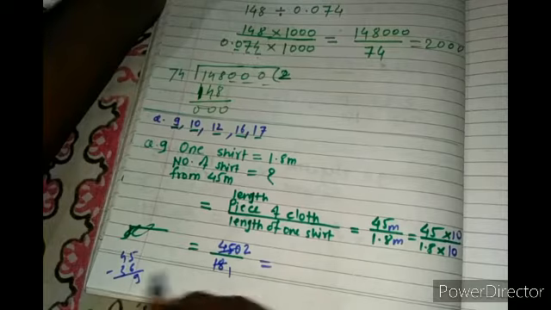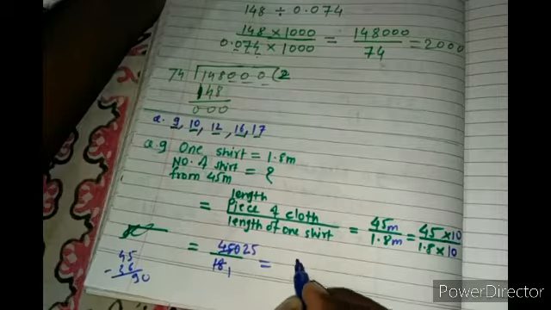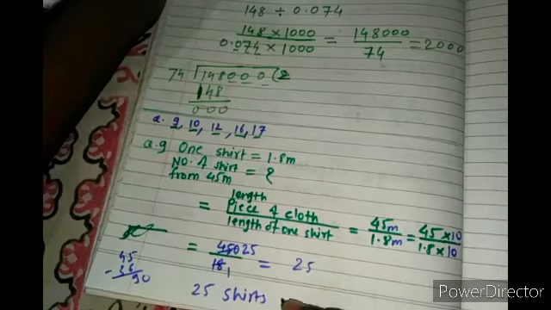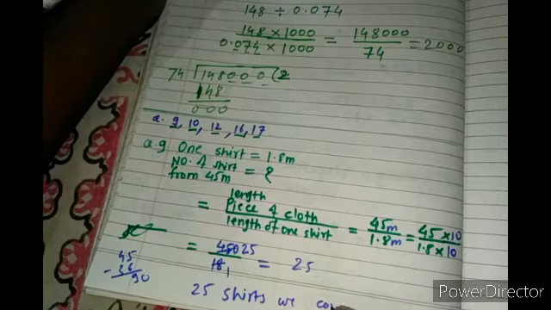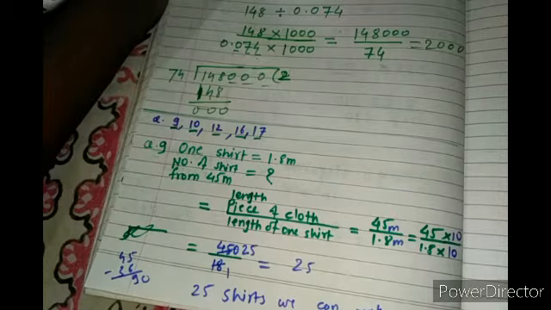With that 9, this 0 makes 90. 18 fives are 90. So how many shirts? We can make 25 shirts.